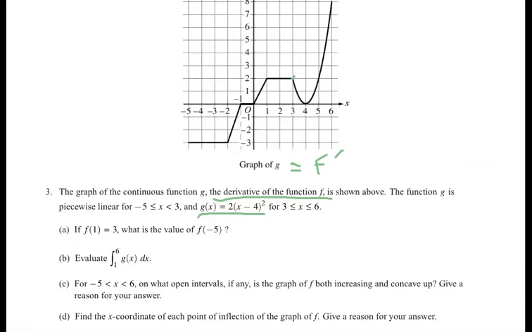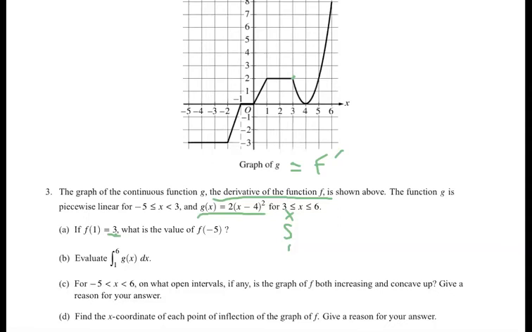So the first question says, if f of 1 equals 3, what is the value? Since they're giving us 1, we're going to be thinking about going from 1 to whatever, because they give us the y value for 1.